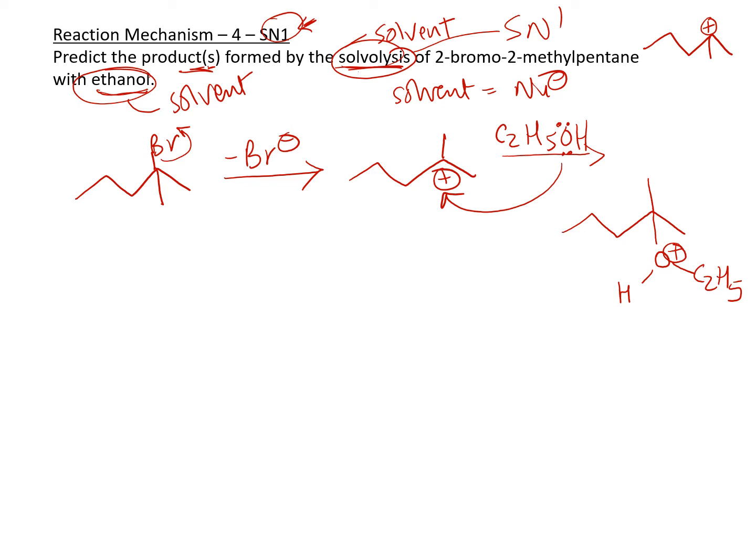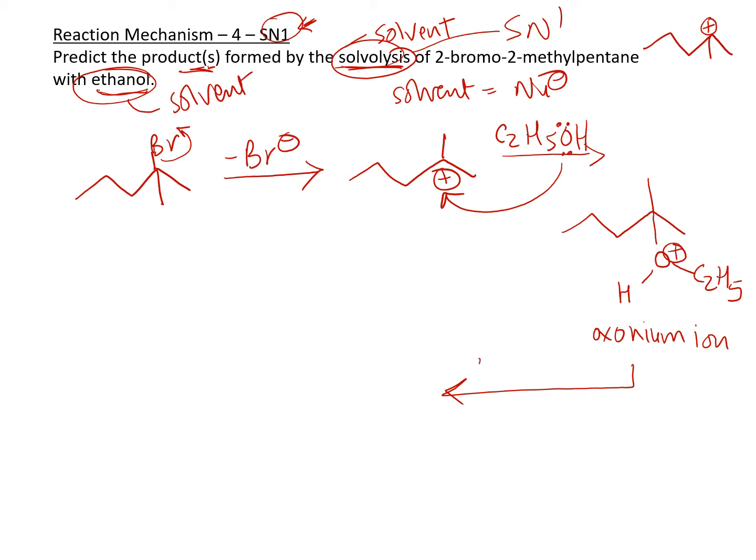So now I need to relieve the poor oxygen of the plus charge. And by the way, this oxygen right here is called the oxonium ion. You're going to see this a lot, so might as well get used to it. Now that you have the oxonium ion over here, I need to relieve it of the positive charge.